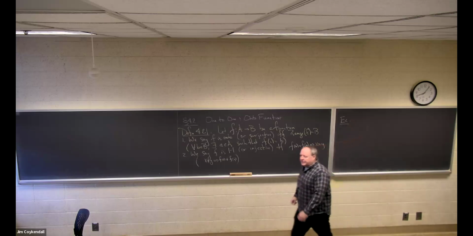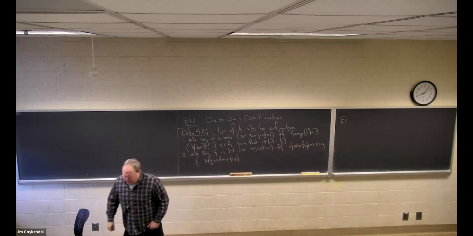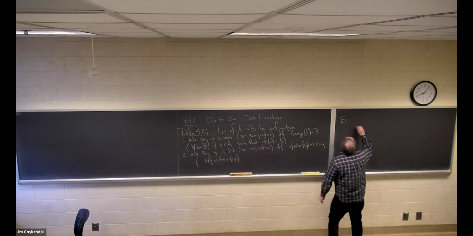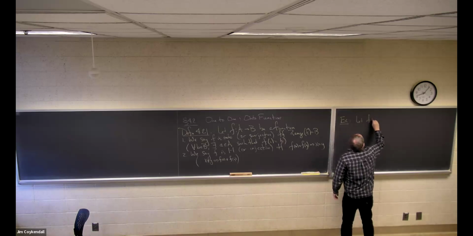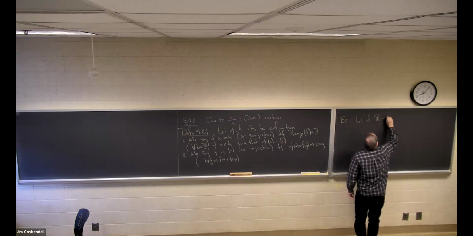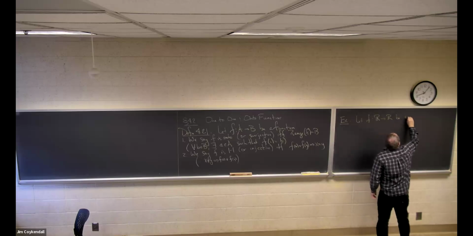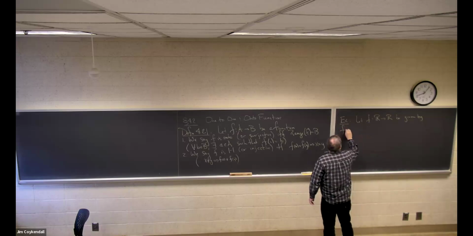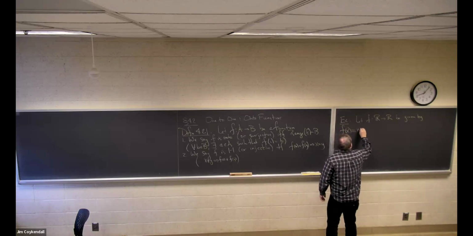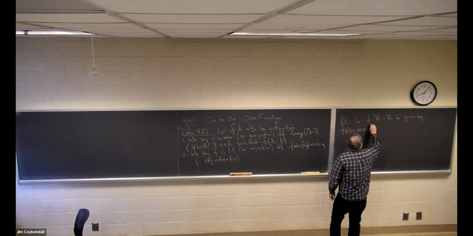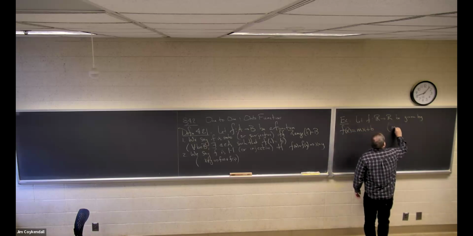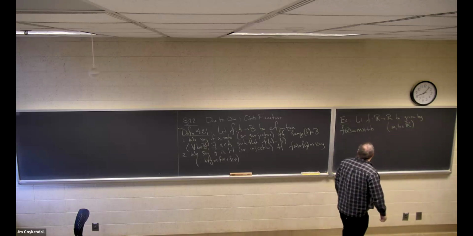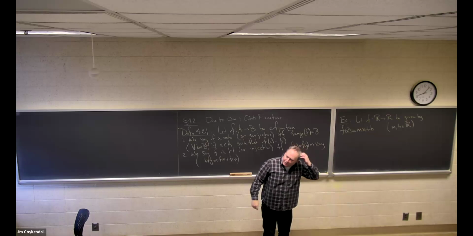Example. So let's look at some examples. We'll start with something that might be a little bit more familiar. Let a function from R to R be given by f of x equals mx plus b. By the way, what does this function look like?